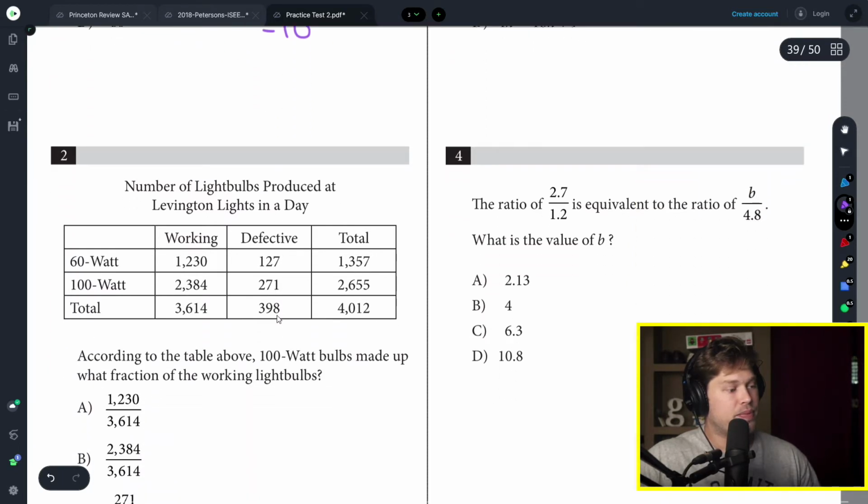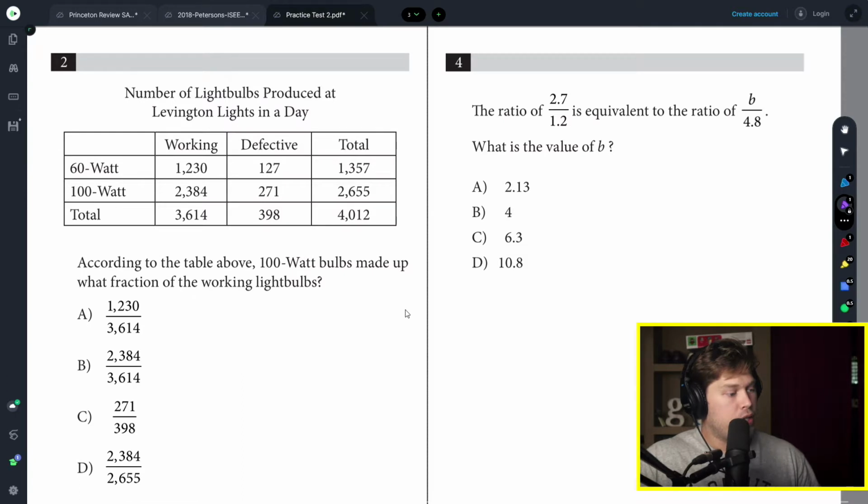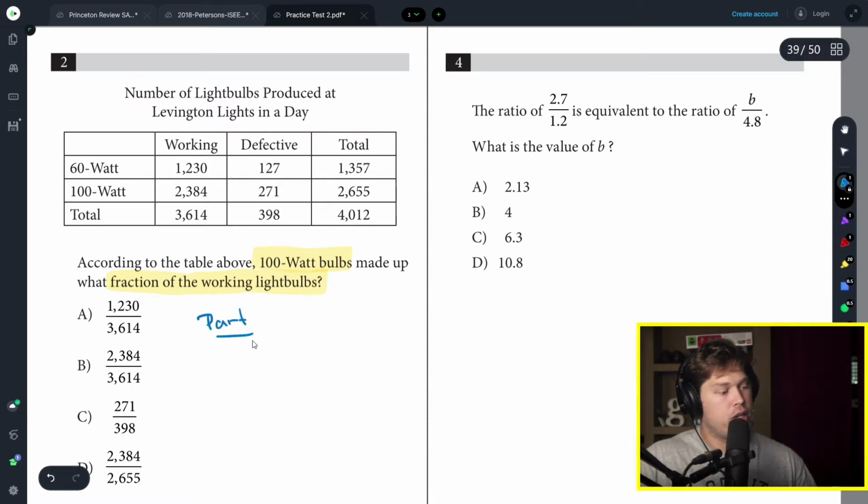Number 2, number of light bulbs. So we have a table. According to the table above, 100-watt bulbs made up what fraction of working light bulbs? Okay, so this is just a simple fraction. Remember, fractions are part over total.